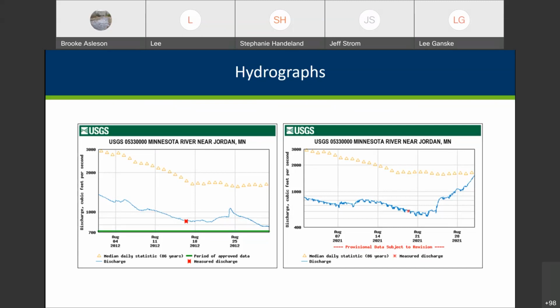And then you can see the triangles, right? That's the median daily statistic based on 86 years of data for what the flow is under that condition. So you're talking 1700 to 2000 CFS most years. So if we're talking 500 in 2021, it puts in context how low the flow really is at these stations.